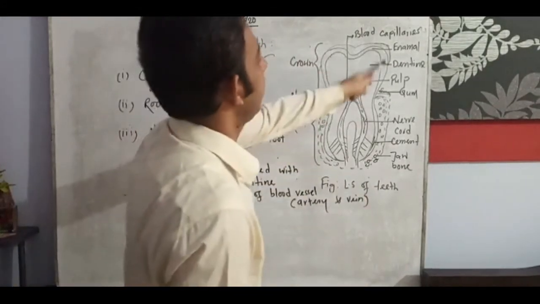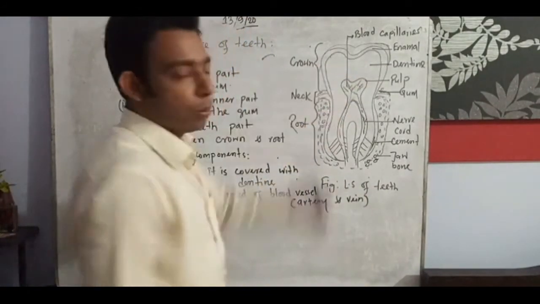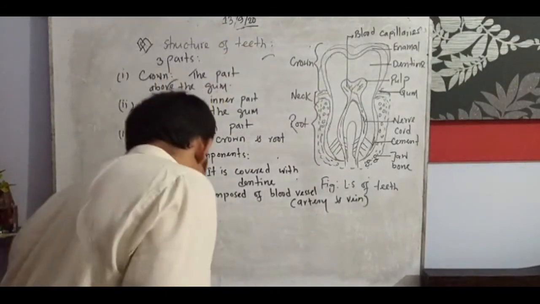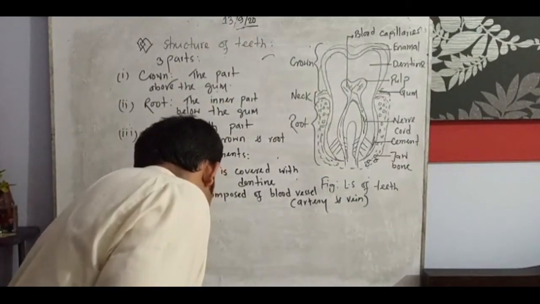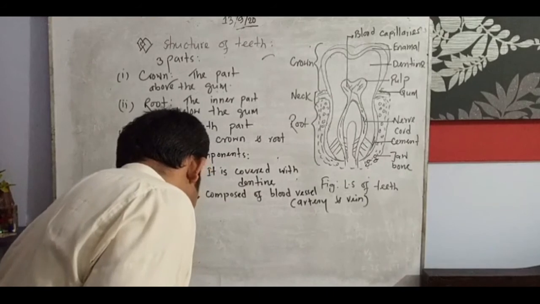This is covered by dentine, and it is composed of blood vessels, arteries and veins.